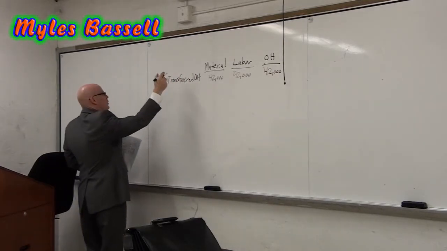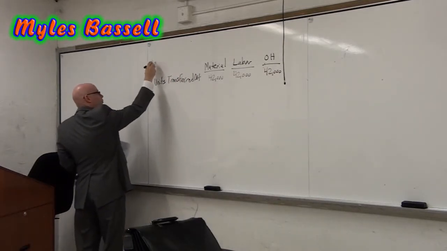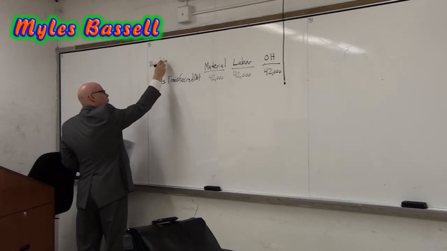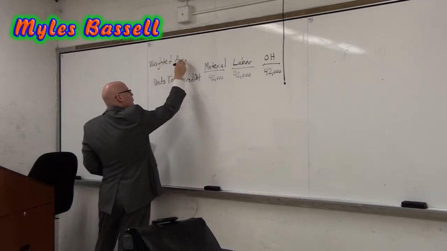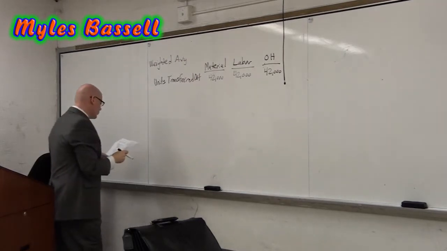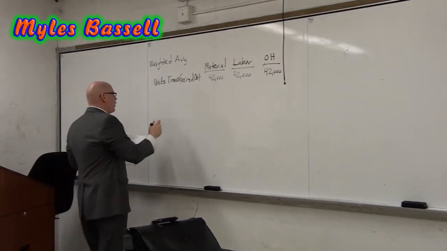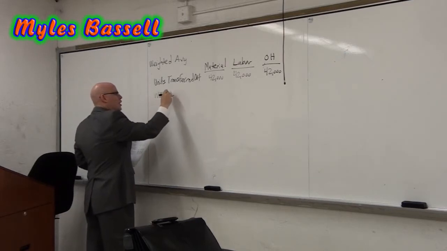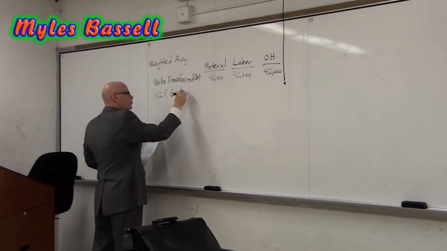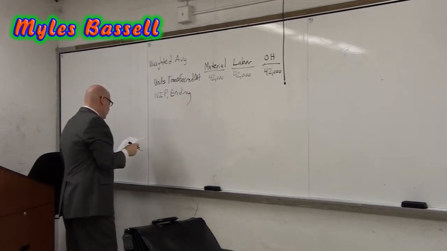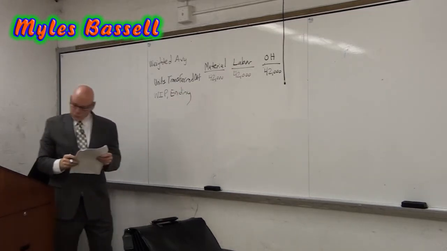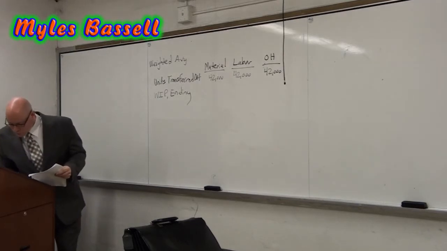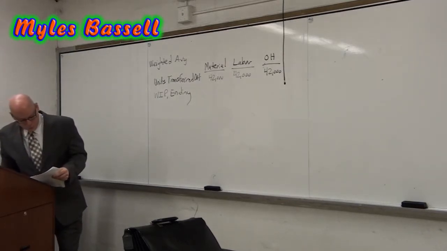Remember, what we're trying to do here is calculate the weighted average. All right, they tell us the work in process at the end of the period, 8,000, right?